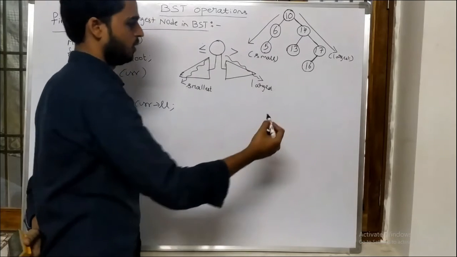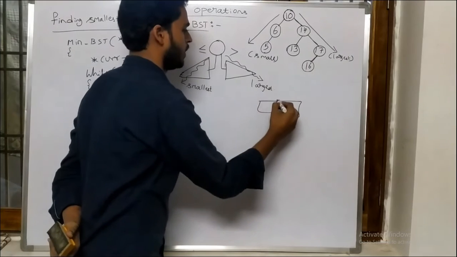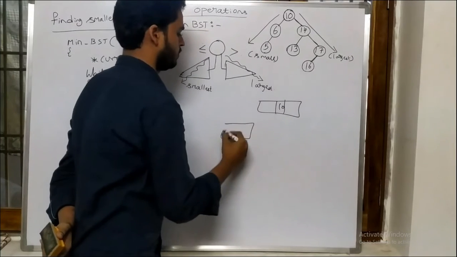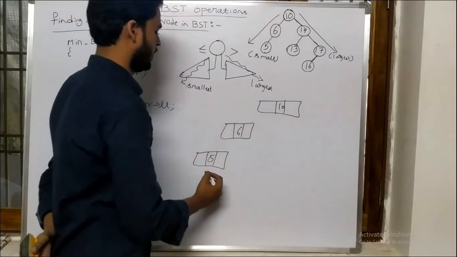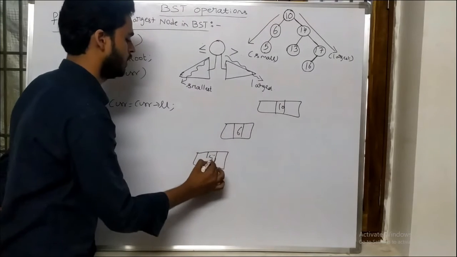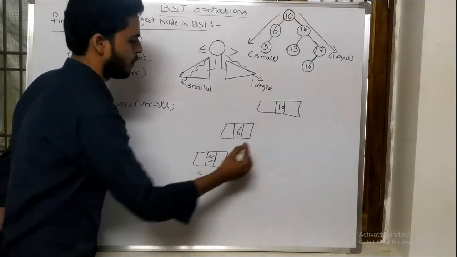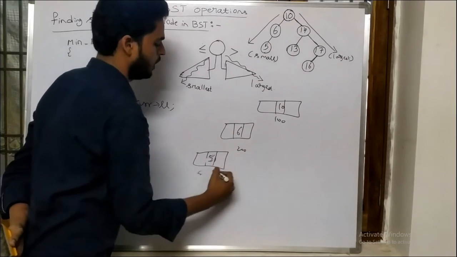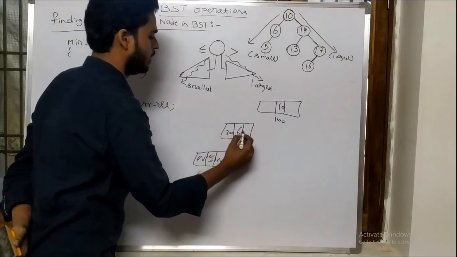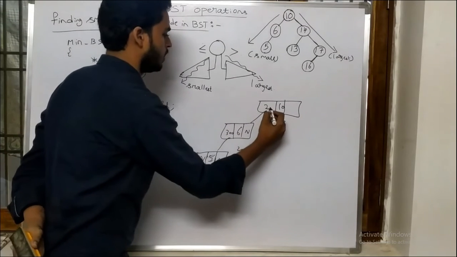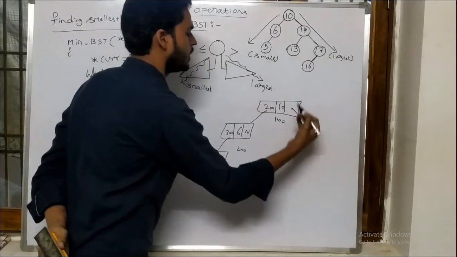Once we traverse to the complete left side, we reach this particular node. See here, one small explanation. 10, 6, 5. These are addresses 100, 200, 300, null. Let us take some address there, don't worry.